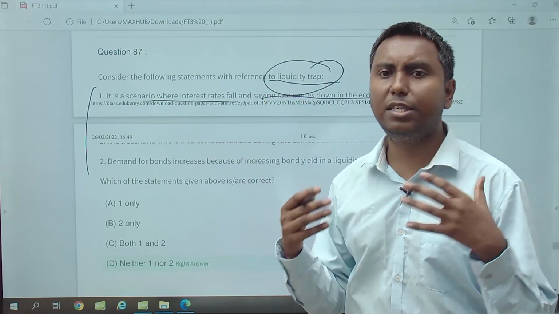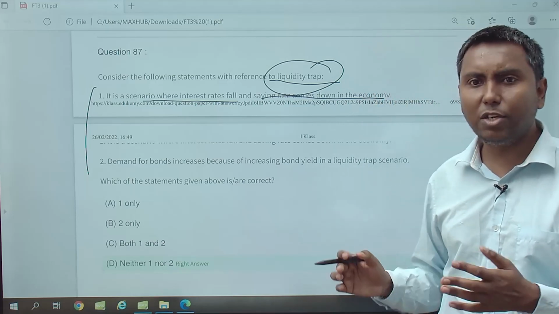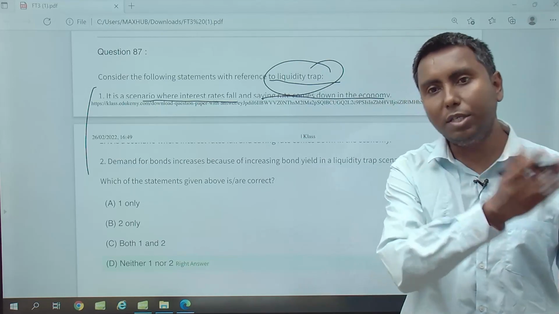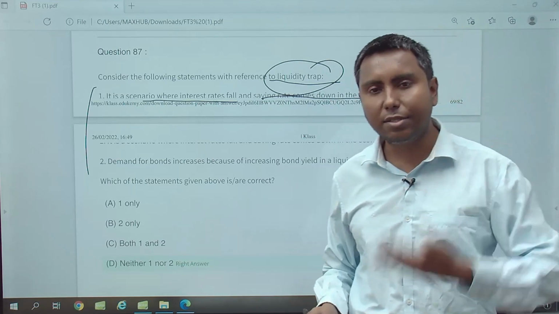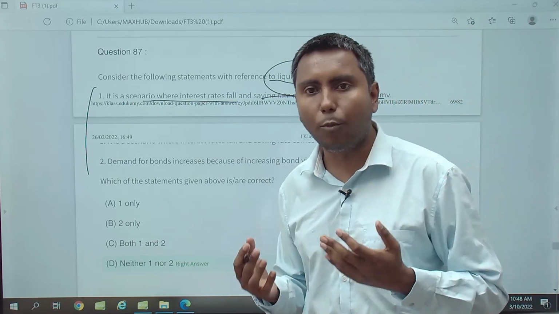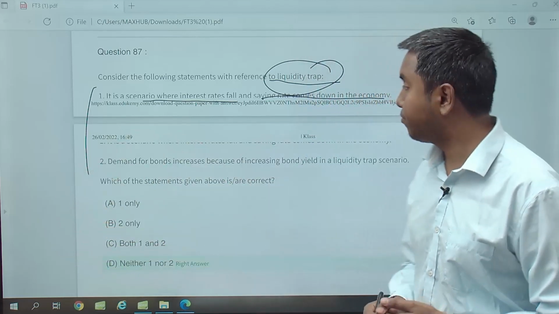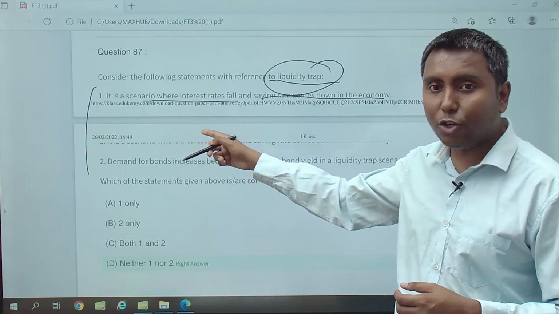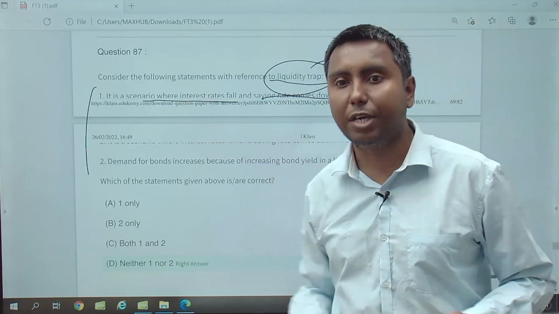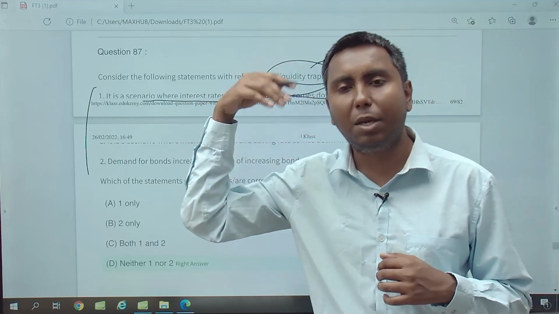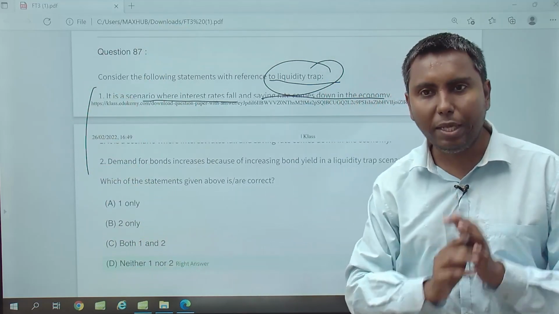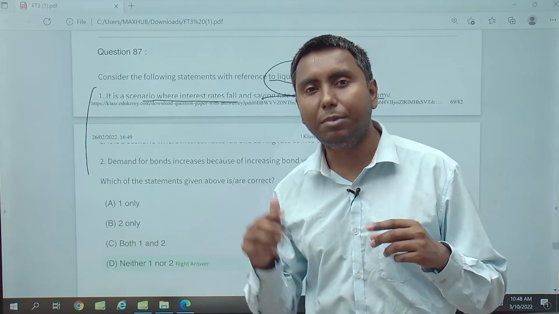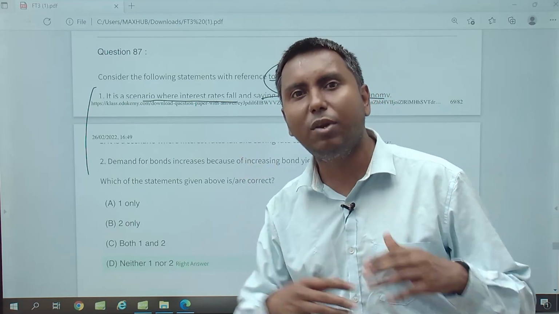If interest rate falls, then saving rate of course will come down, because only if interest rate is high will people have more incentive to save. If interest rate is down, then people will borrow more and invest more. So this is true in a normal scenario, but in a liquidity trap, the economy is in recession, in bad shape, and at the same time the expectation of people is that things will get worse.